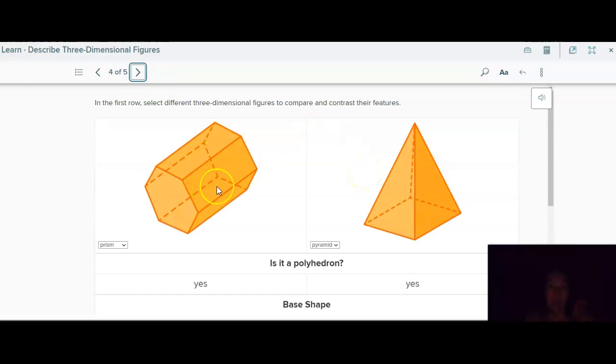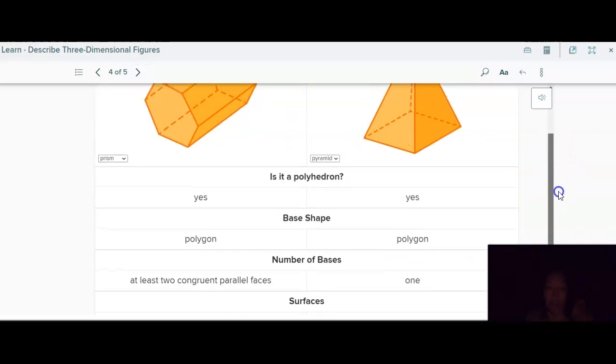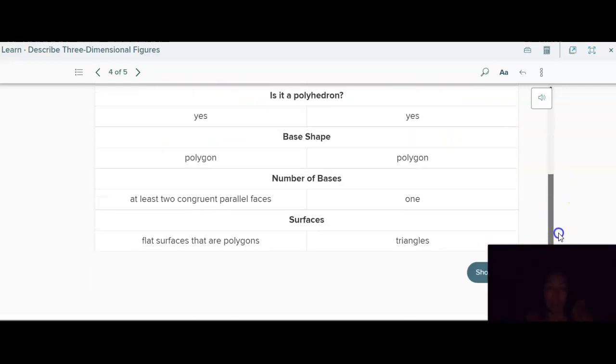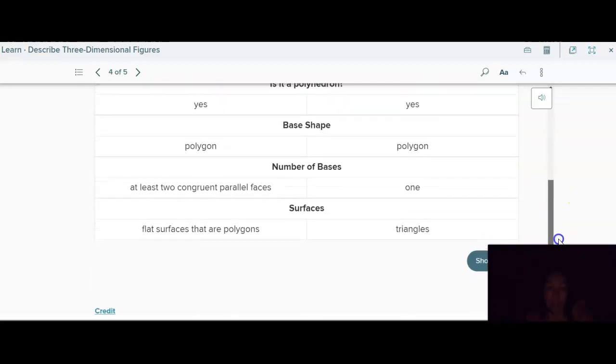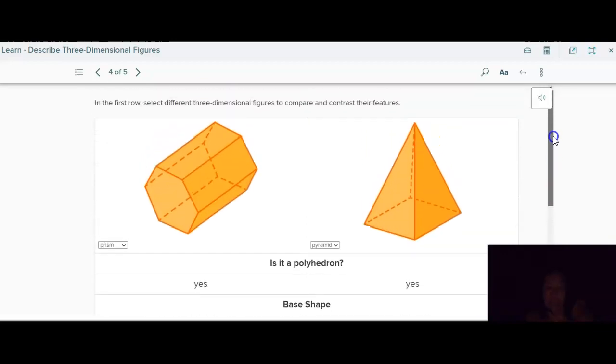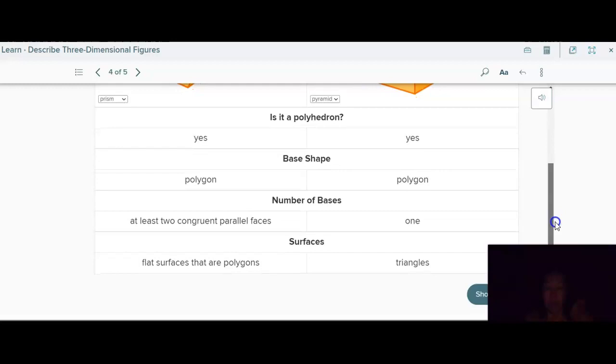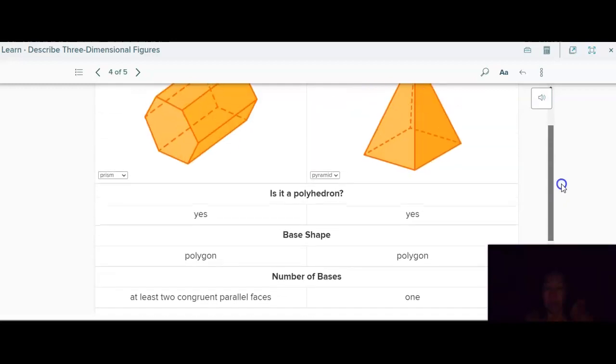So first of all, we're going to look at some of these things. Is this a polyhedron? Yes, it is. The shape of the base is a polygon, in this case a hexagon, and it has at least two congruent parallel faces, flat surfaces that are polygons. This one is a pyramid. It's a polyhedron. The base is a rectangle.